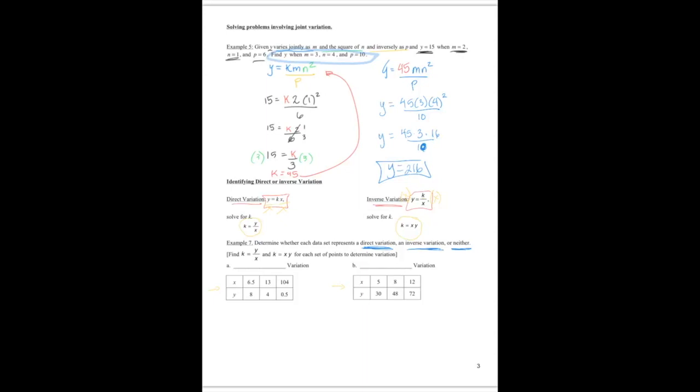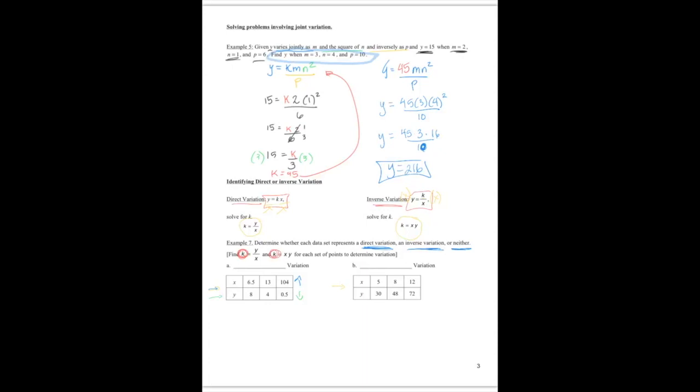If I look at my x values in my first table, I see that my x values are increasing. If I look at my y values in my first table, I see that my y values are decreasing. So you can see that perhaps this is inverse variation. However, we have to double check to make sure we have a constant k.